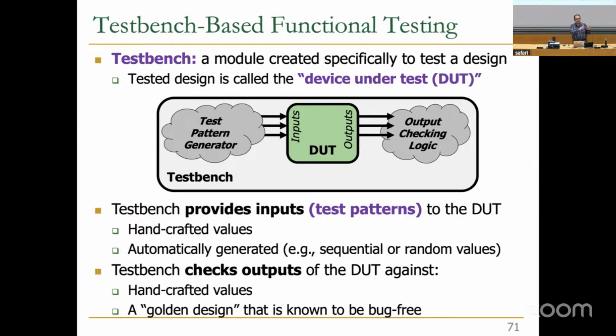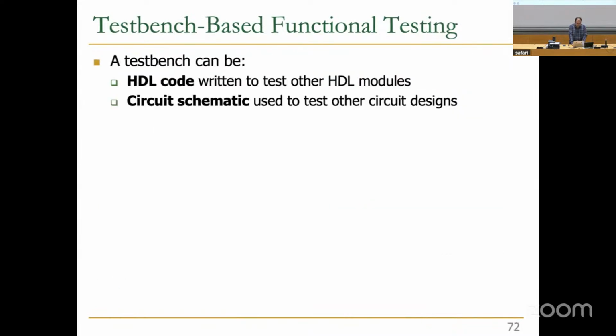Of course, to make sure that it is also bug-free, there is also a lot to do. But as long as you are sure that golden design is bug-free, you can just compare the output of device under test with the output of your golden design. And then you can see if your design works correctly or not. We're going to see more about that soon.